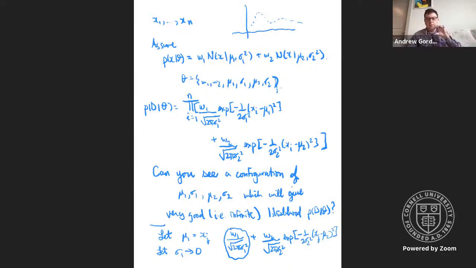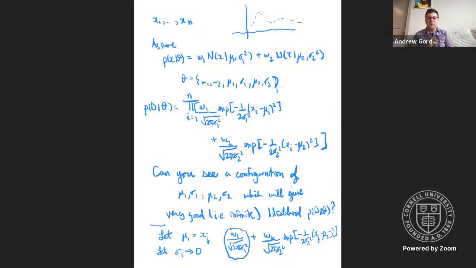And this model then is saying, okay, well, for every point but xj, I've got this second component and it's giving some probability to those points. And then for xj, I've got this first component and it's giving that point infinite probability. And so this is a setting of parameters which will optimize our likelihood. We can see that just by looking at the expression for the likelihood.